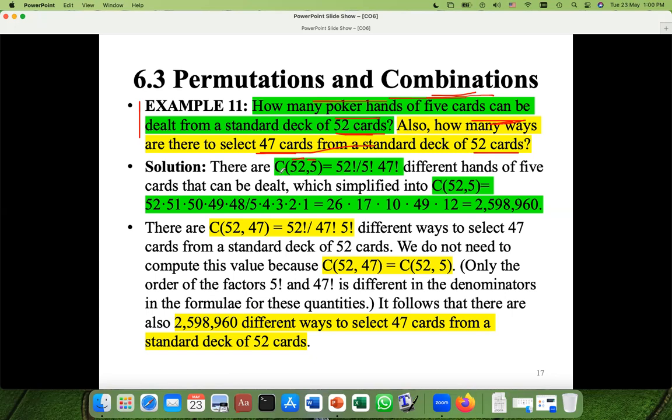So combination, C is for combination. We are going to see how many combinations. So now I am opening it according to that formula. 52 is n factorial divided by this 5, which is r factorial, and this is 52 minus 5, you will have 47.